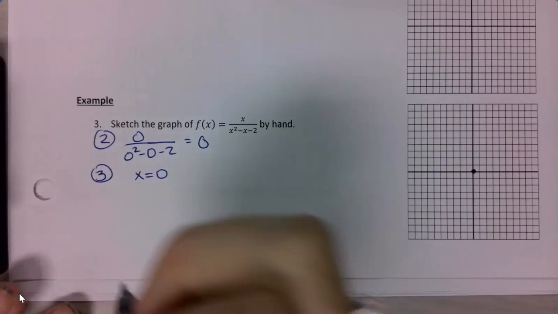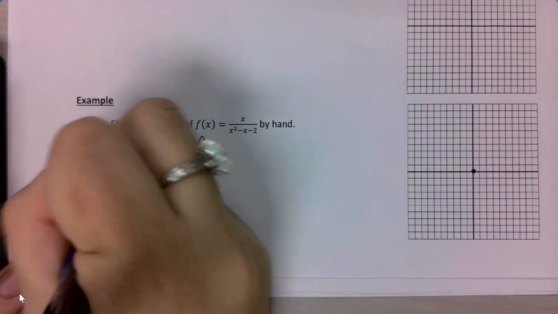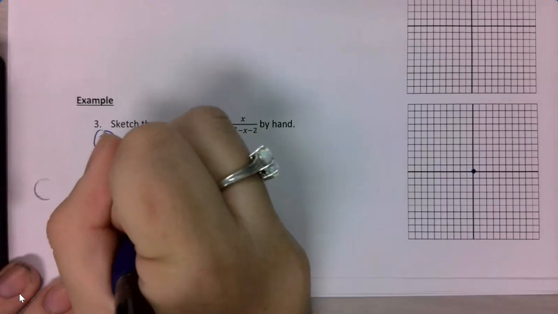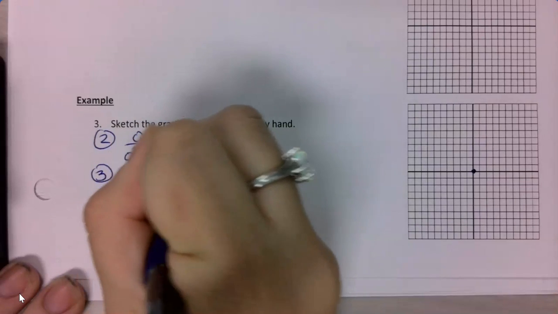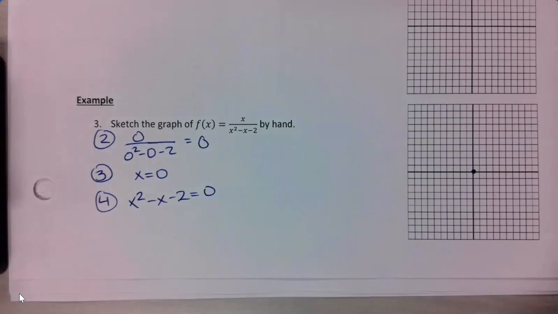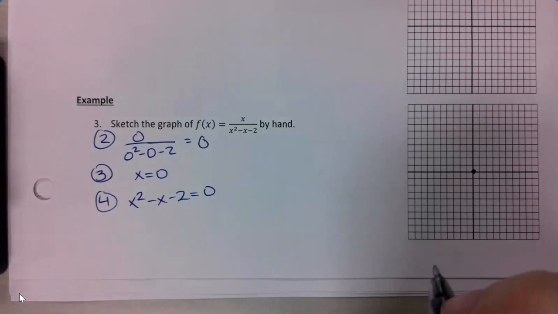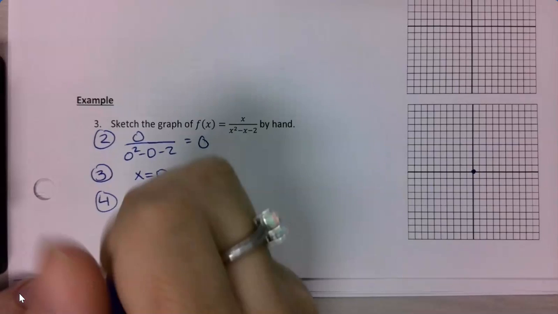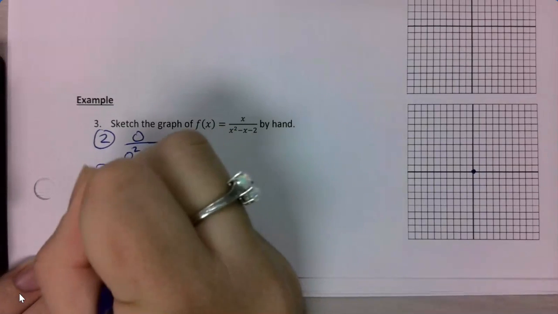My next step is to find my vertical asymptotes. I need to take the denominator and set that equal to 0. So then I can factor this. This is going to be x minus 2 times x plus 1.